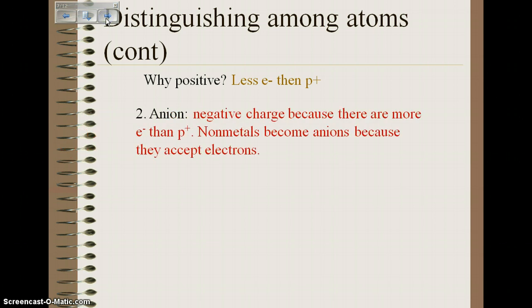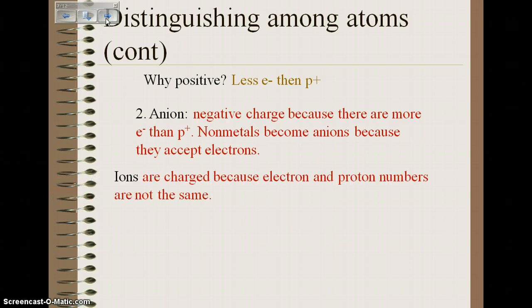The second type of ion is called an anion. These are negatively charged because there are more electrons than protons. Nonmetals become anions because they accept electrons. We will talk more about anions, cations, and ions when we talk about bonding later on in this course.